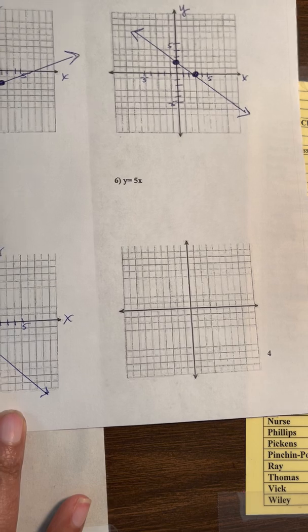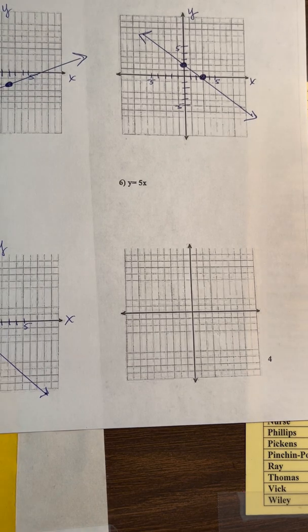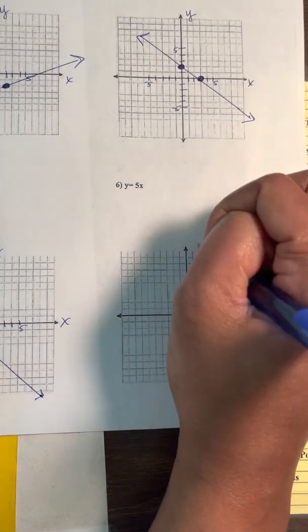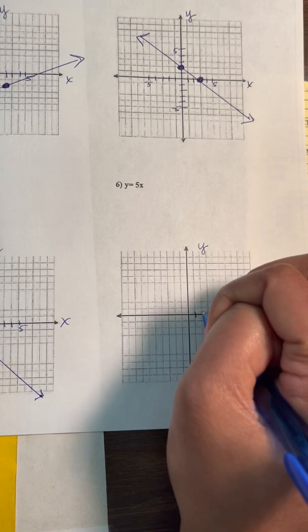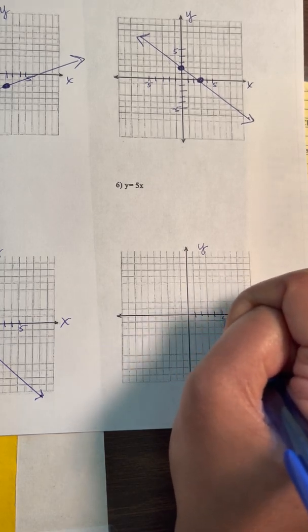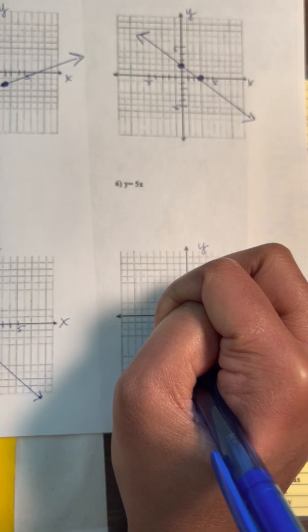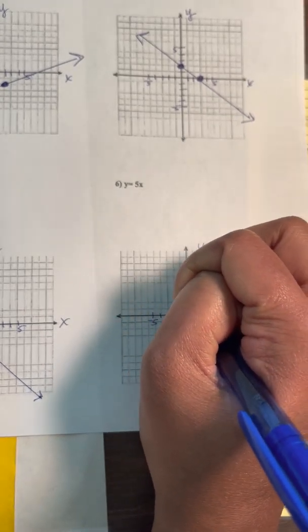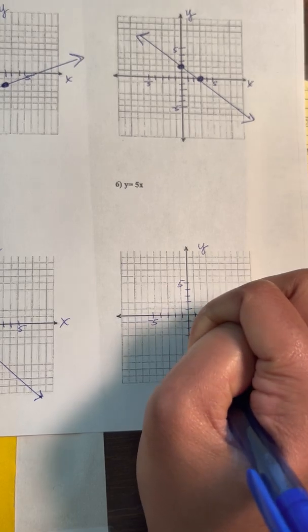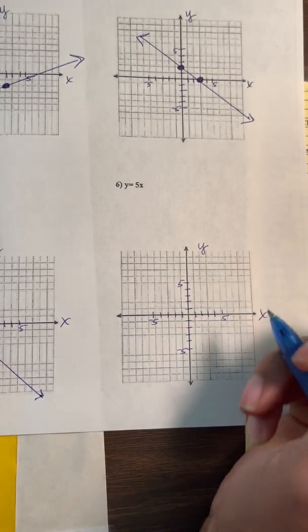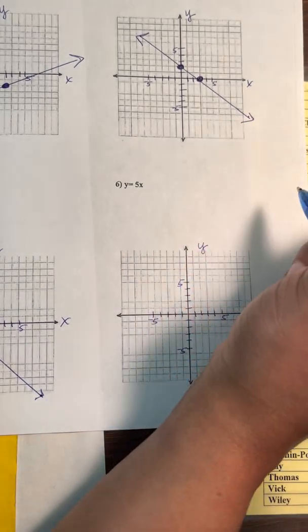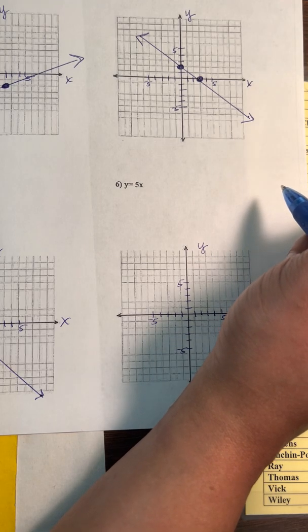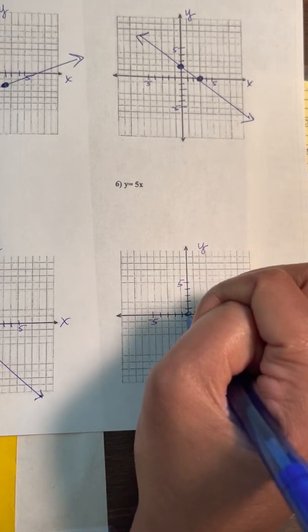And the last one, y equals 5x. Well, Ms. Thomas, I don't know how I would do this one. Okay, let me show you. So here, what if I don't have a starting point? If you don't have a starting point, start at the origin.